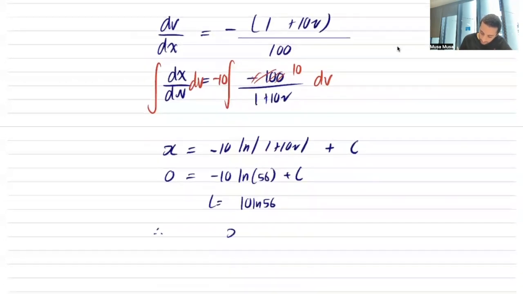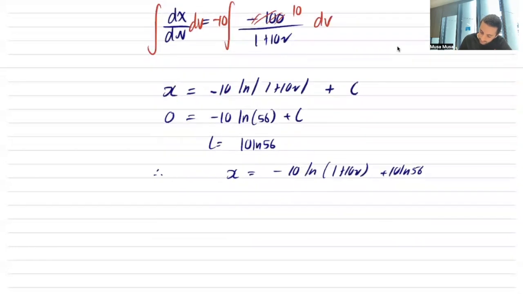And therefore, x equals minus 10 ln of 1 plus 10v plus 10 ln 56. How can we do this? Take out a negative 10, and you get ln of 1 plus 10v minus ln of 56.